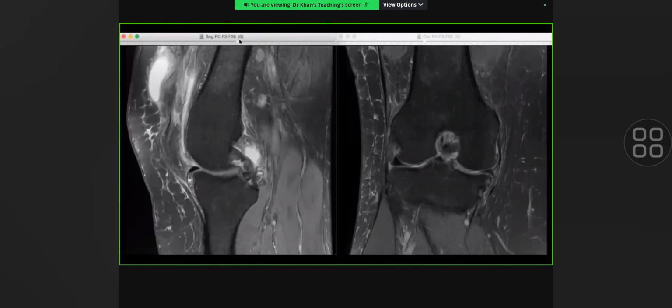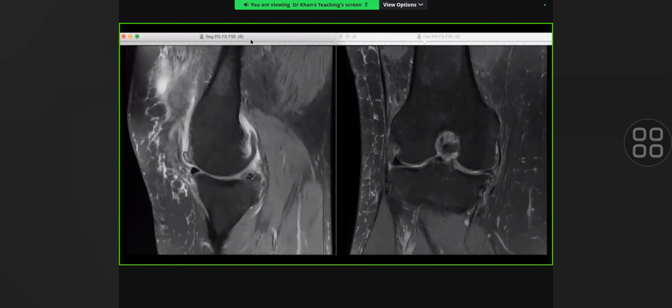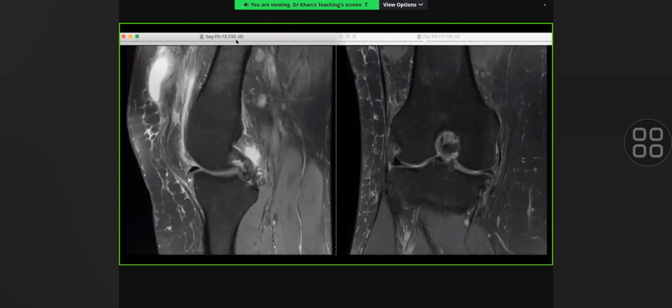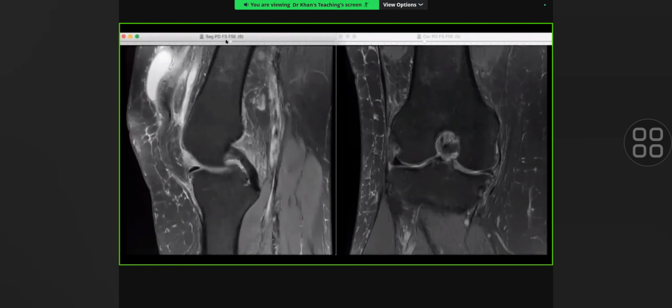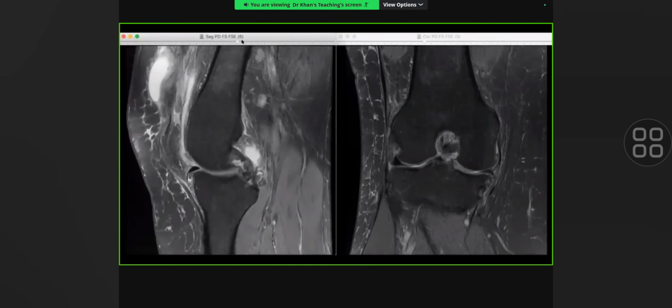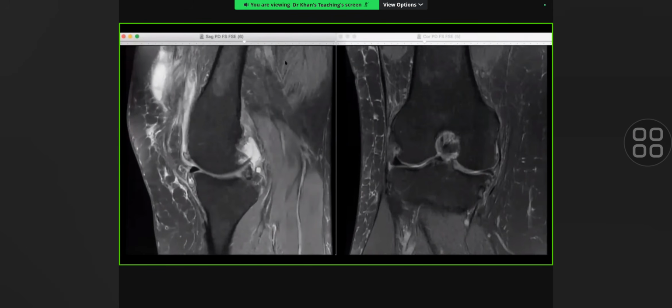And there's more joint effusion posteriorly, with the capsule looking distended and swollen, and the popliteal vessels appear normal. So I'll look at the coronal view now.